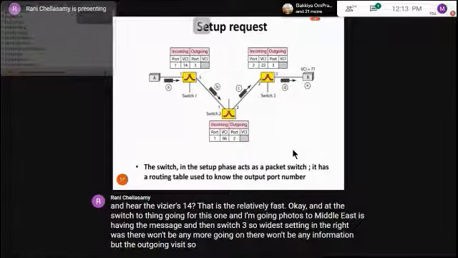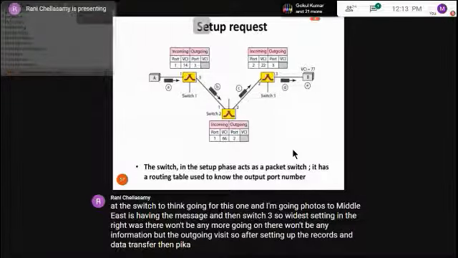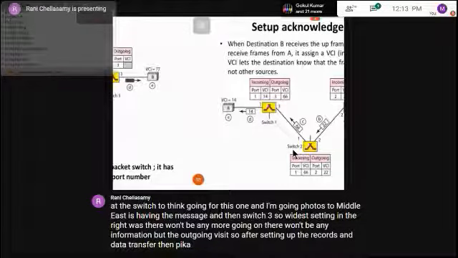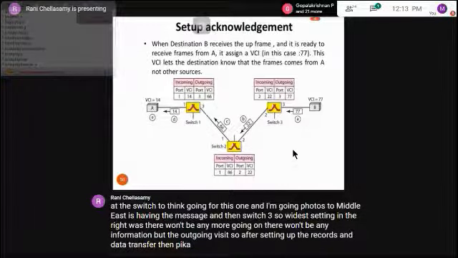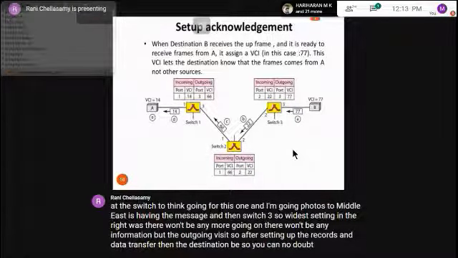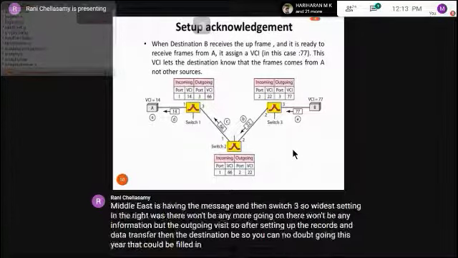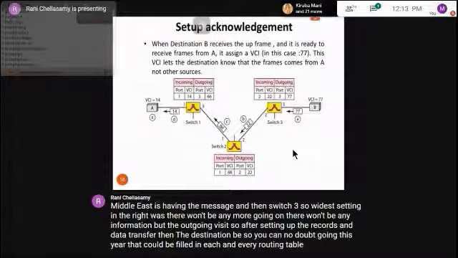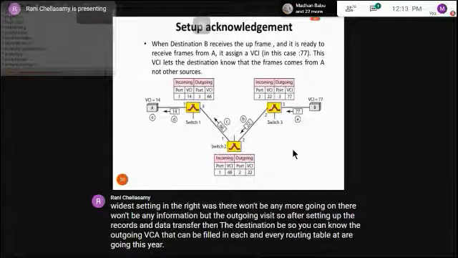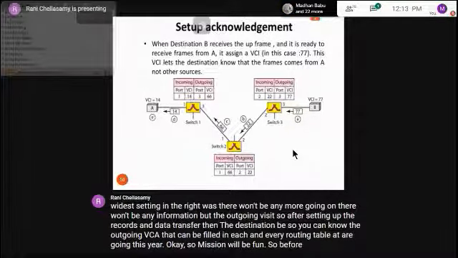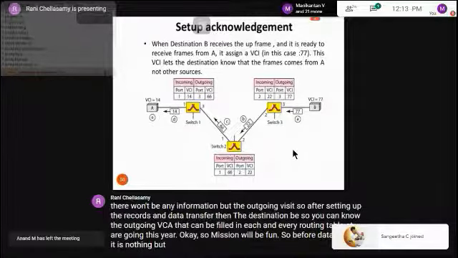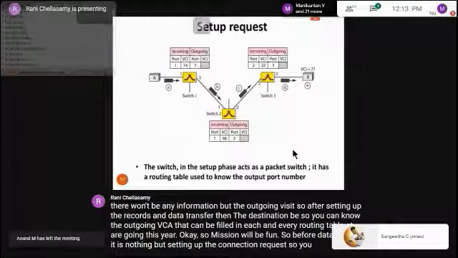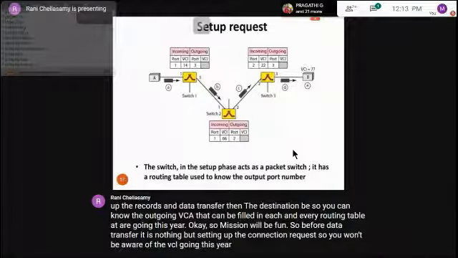So after setting up the request and data transfer, see here, setting up the acknowledgement after the data is received at the destination B. So you can know the outgoing VCI, and that will be filled in each and every routing table at the outgoing VCI. The information will be filled. So before data transfer, it is nothing but setting up the connection request. So you won't be aware of the outgoing VCI in each and every table. Okay.